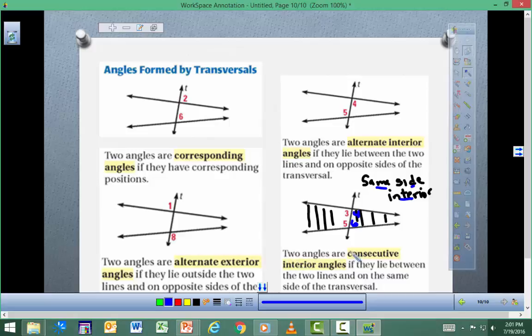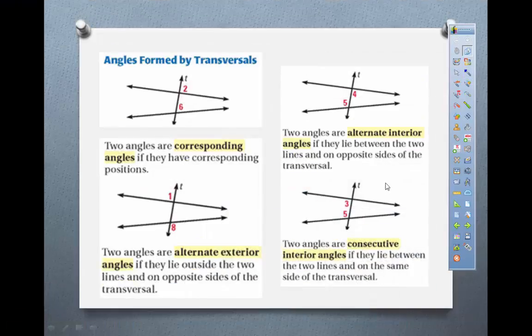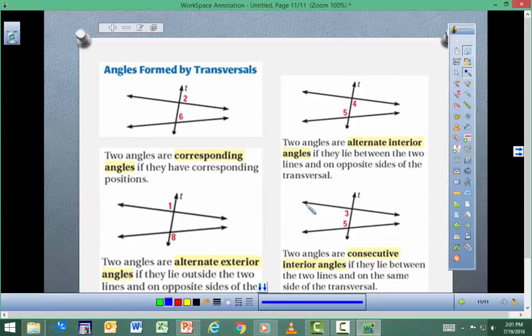Your book calls these consecutive angles. Consecutive usually means one right after another. And so, in my opinion, I think that's a little bit confusing. But here's how you can think of it. As you're going around this way, this is an angle you come across, and then you come across another angle as you move around this way.